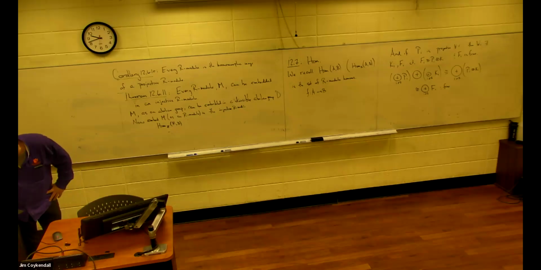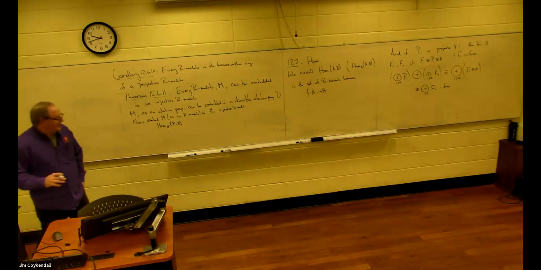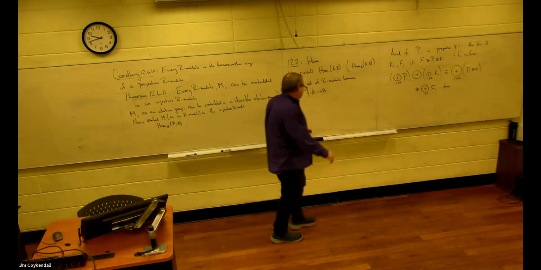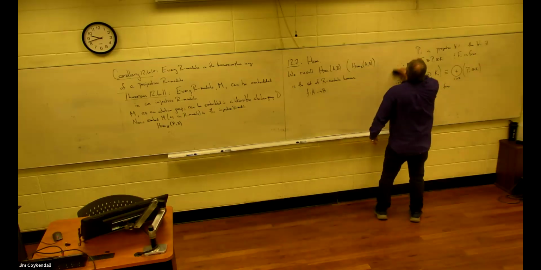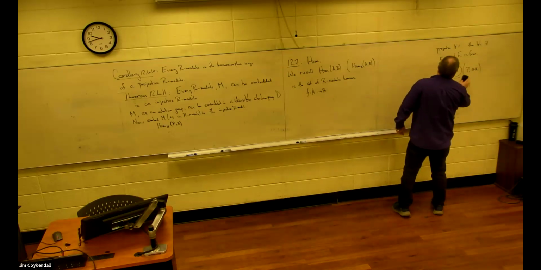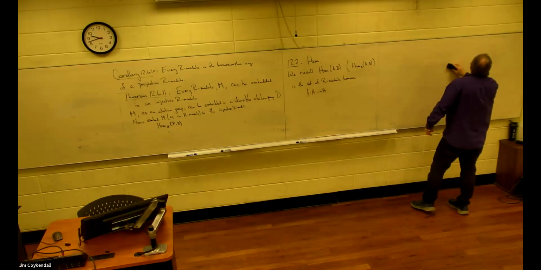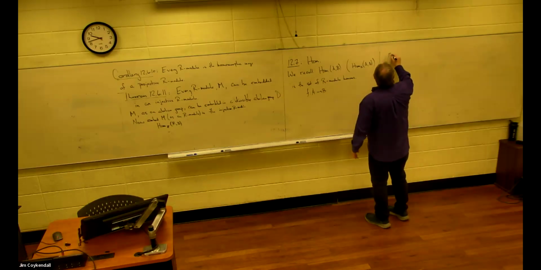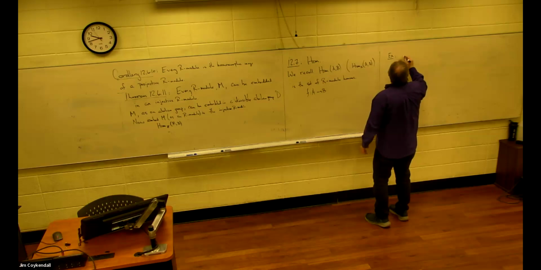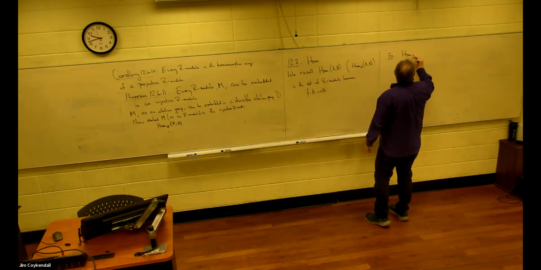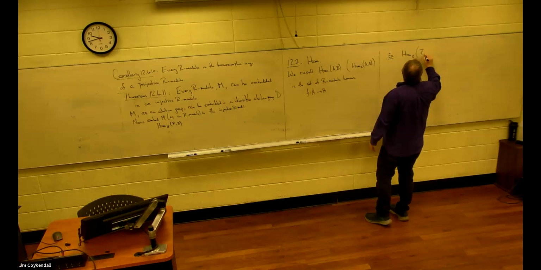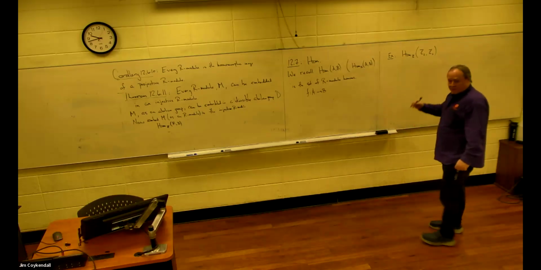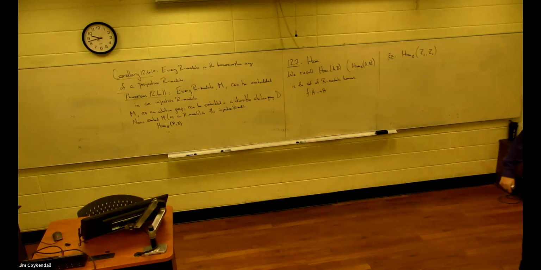Now, this is an abelian group under pointwise addition. So for example, how many homomorphisms are there from Z2 to Z2?